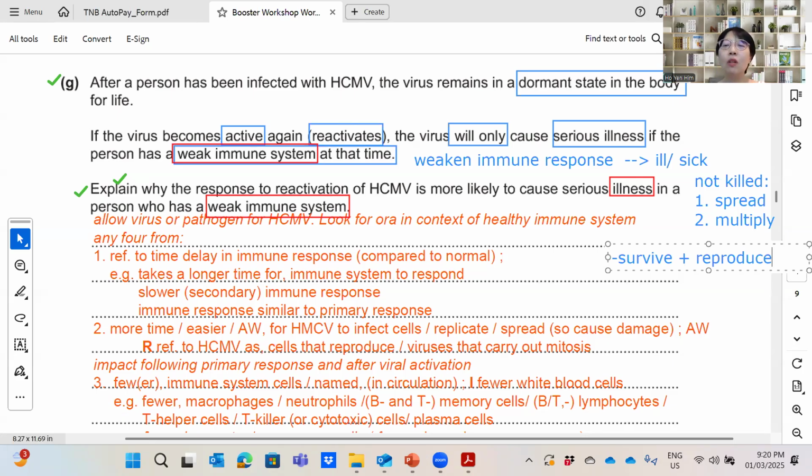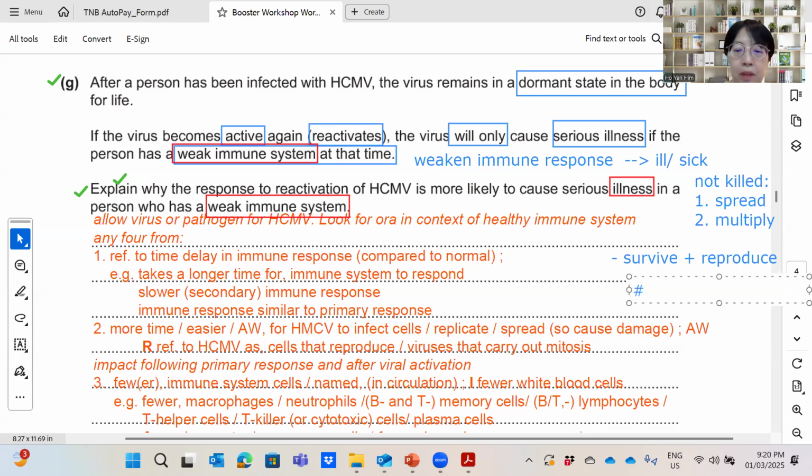So the immune system cannot kill them, they survive. After that, they reproduce, and their number increases. The number of the pathogen increases. Okay, so that's basic knowledge. Now come back to the question.